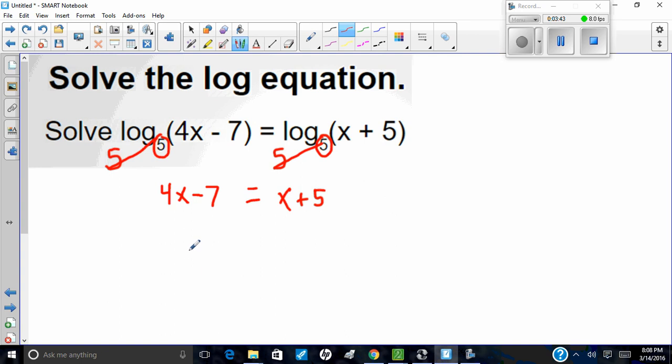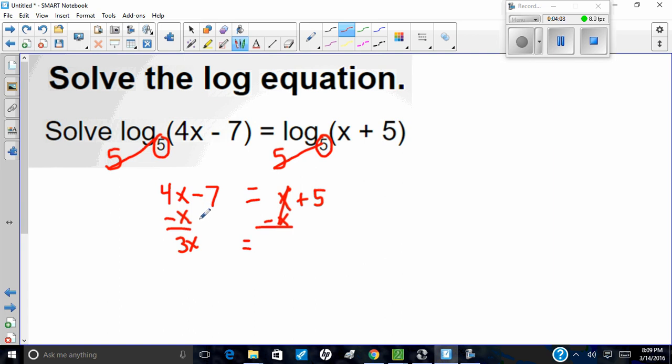And now this is simply solving for x. So I'm going to subtract x from both sides. I'm using inverse properties to solve my linear equation. So I get 3x on the left side. The right side, it cancels out. I'm going to bring down my equal sign. Next, I'm going to eliminate the 7 using inverse properties.